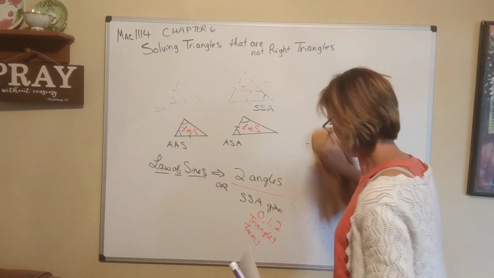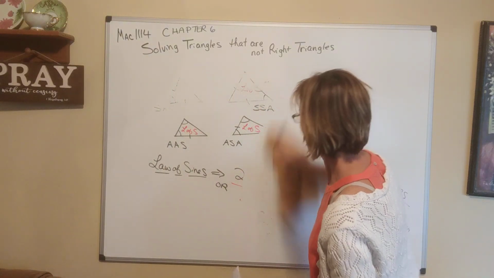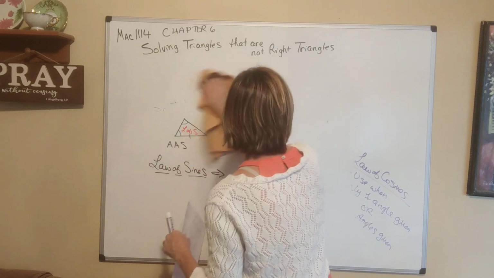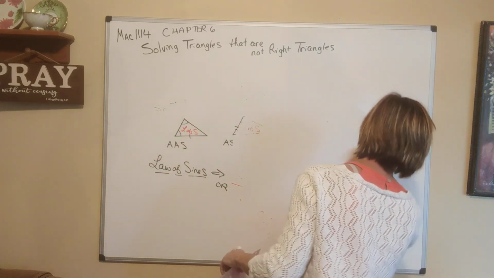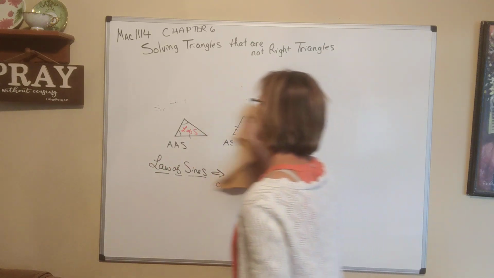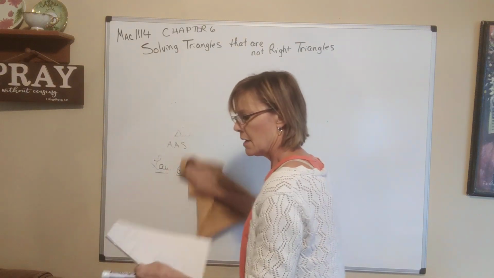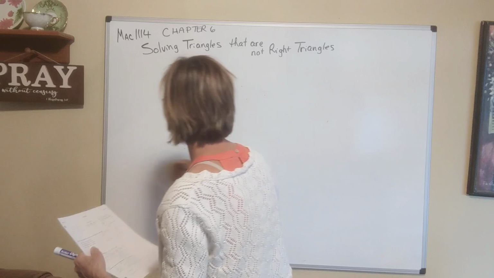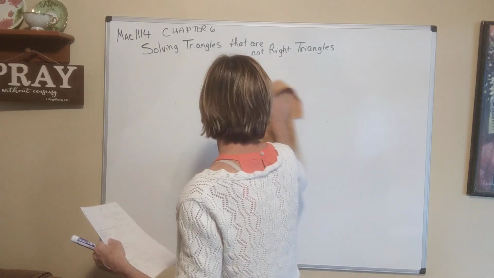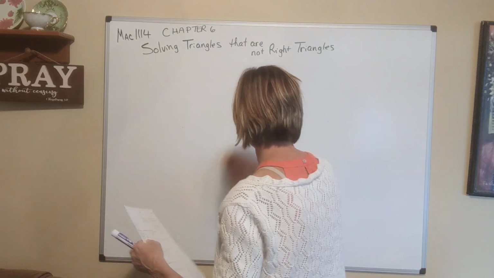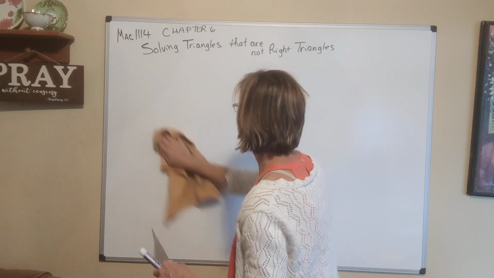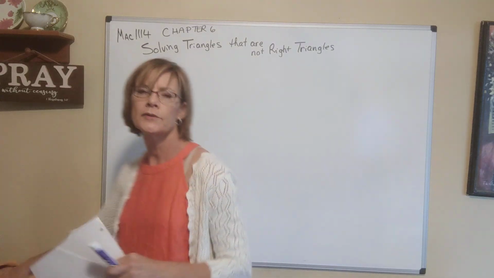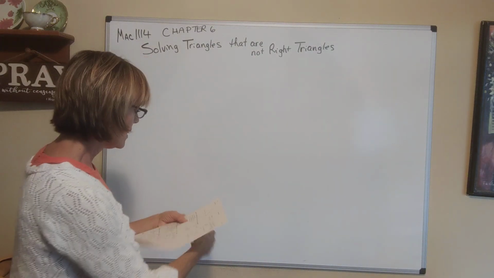Example 1 goes like this. It says, determine whether or not the law of sines can be used here. That's our job. So, law of sines: if 2 angles are given, or the ambiguous case.